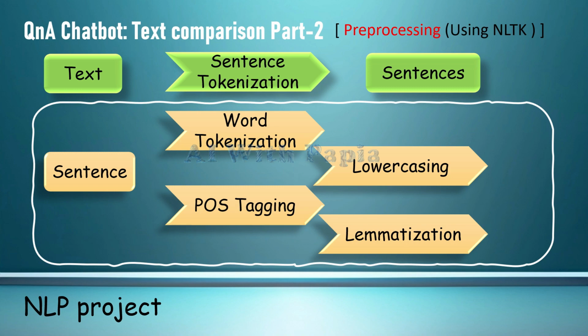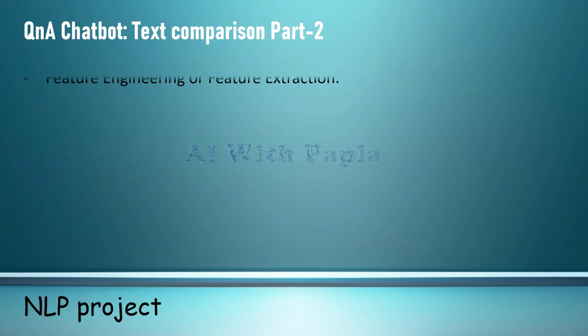So now in today's part 2, we will be doing feature engineering or feature extraction. We have already done some pre-processing steps. Now we need a way to feed this pre-processed text into an ML algorithm.